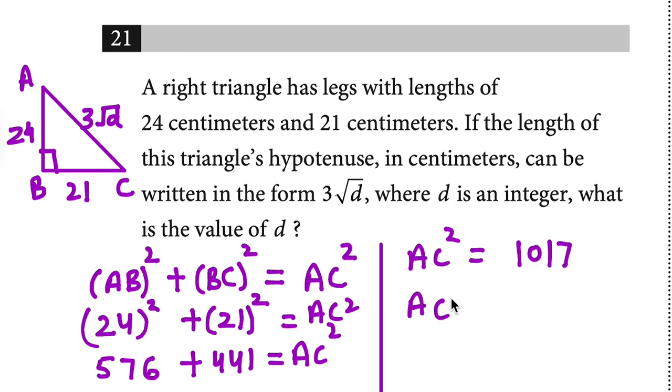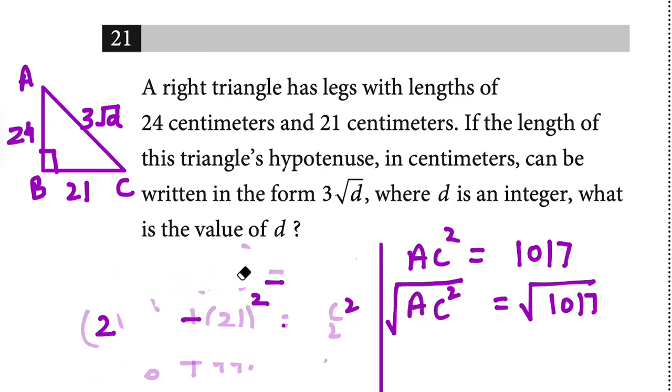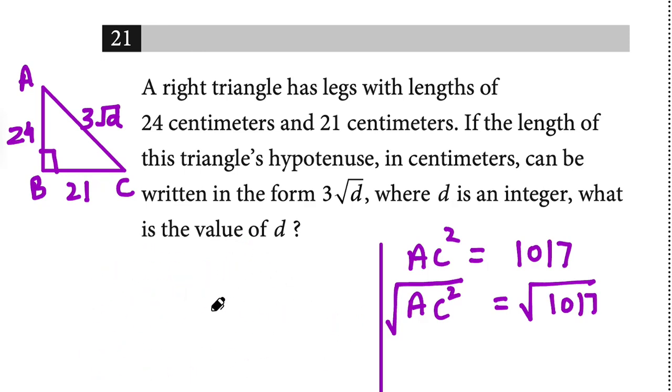Do the square root on both sides, the square root of AC squared and the square root of 1017. Now we are going to use the rules of exponents. If you are not very comfortable with the rules of exponents, I am giving you the I button link. You can open and see all the rules. Whenever you have a square root sign, that always means power 1 by 2, right?